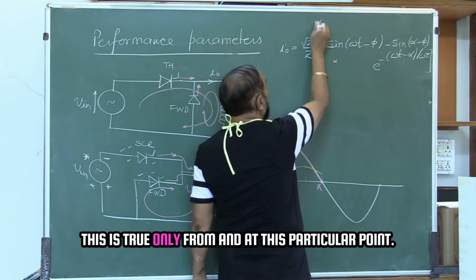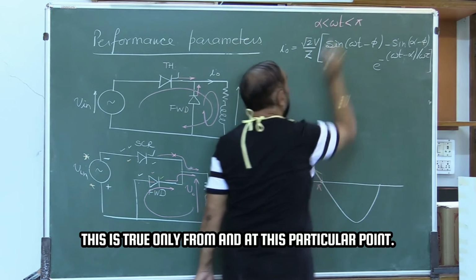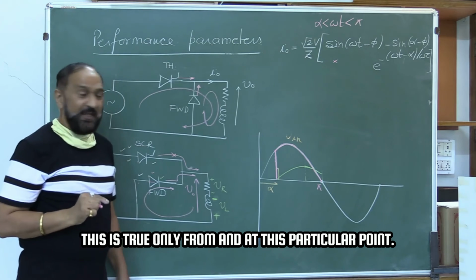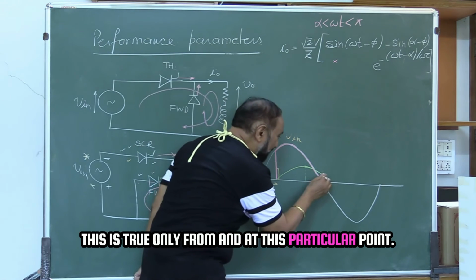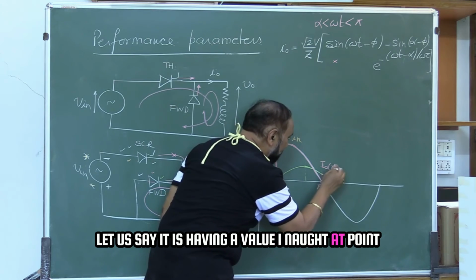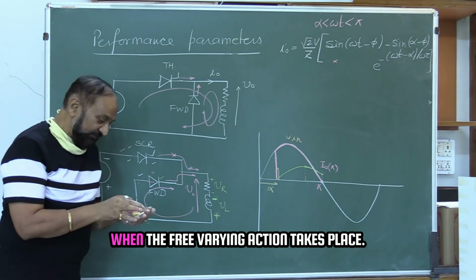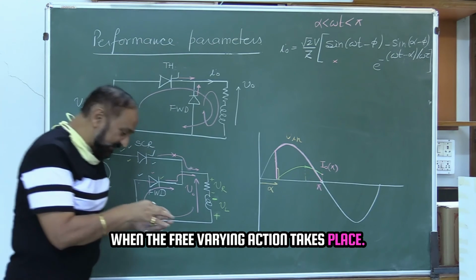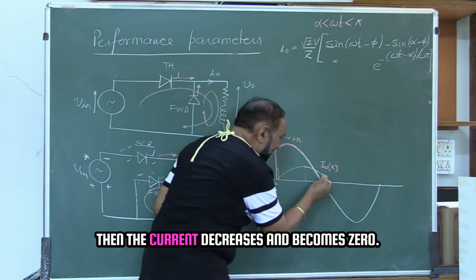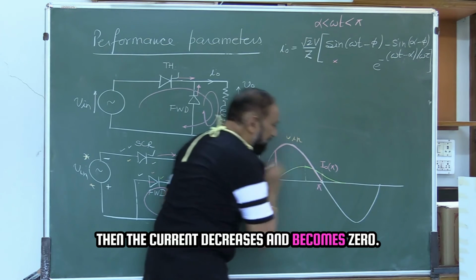This is true only from, and at this particular point, let us say it is having a value I naught at pi. When the freewheeling action takes place, then the current decreases and becomes 0.